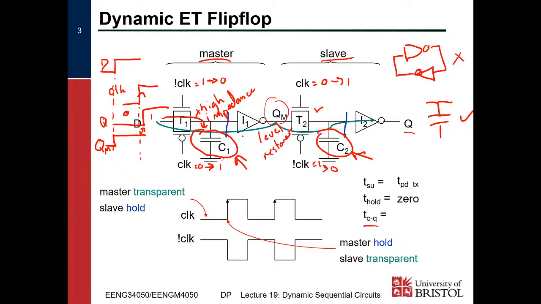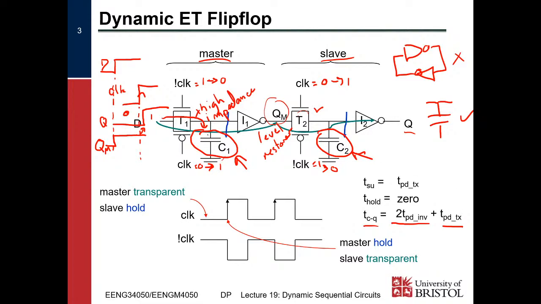TCQ, the time from the clock edge to the output becoming valid, well, we have to go through I1, I2, and T2. So we've got 2 inverters plus a transmission gate in terms of delay. Obviously C2 is included as part of the delay of a transmission gate, okay?